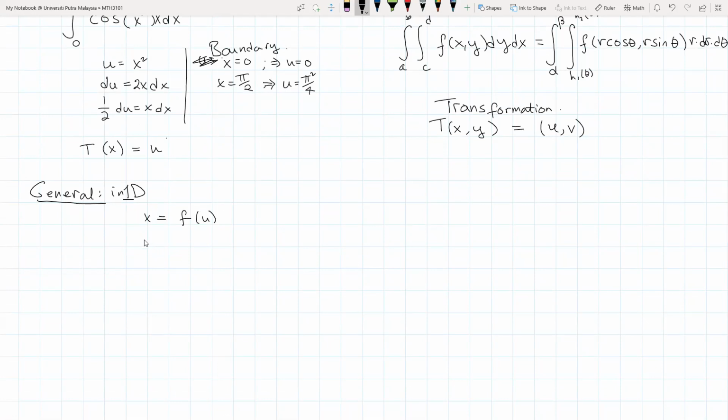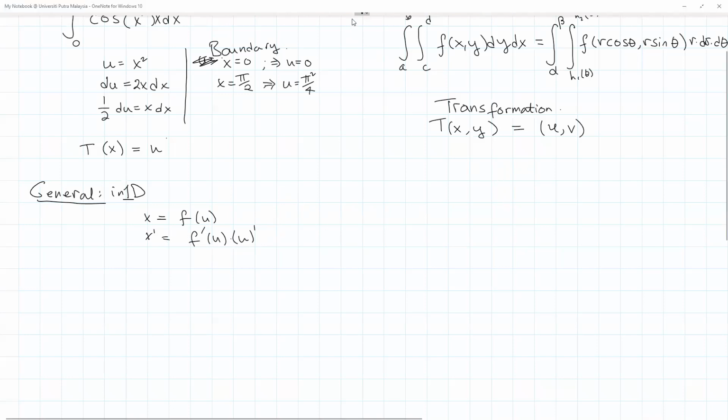And then x prime equals f prime of u times u prime. You need to do the whole thing, the inside derivative and then the outside derivative. Same thing for two dimensions.